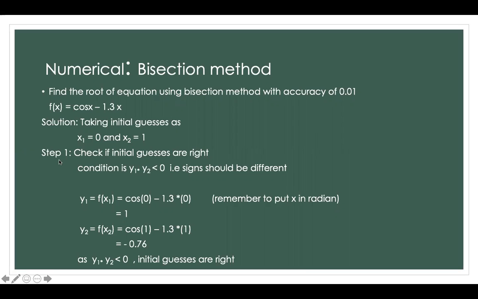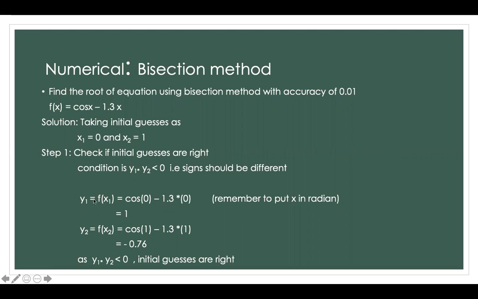Now, in step 1, what is the condition to check whether our initial guesses are right or wrong? Whatever initial guesses we have assumed, we have to check that. The condition is y1 into y2 should be less than 0, that is, the signs of y1 and y2 should be different.